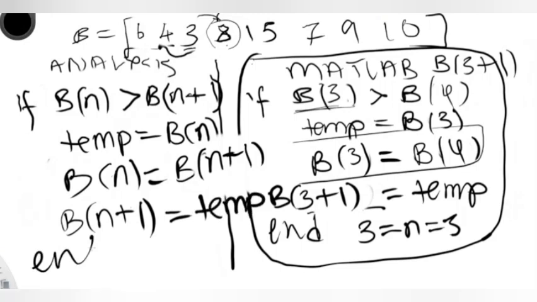Then we say end. Why have I done this? The reason I've done this is that you observe that this can be applied for any position in the array B. N can be applicable for any position. So if we say n is equal to 2, it means we are comparing B2 with B3, which we're supposed to be doing.